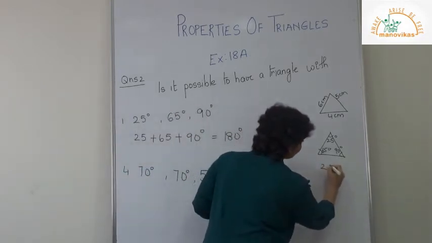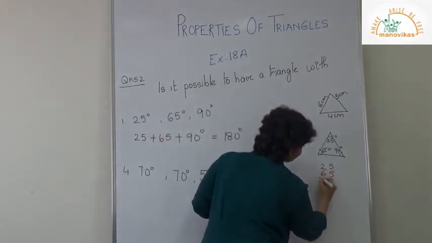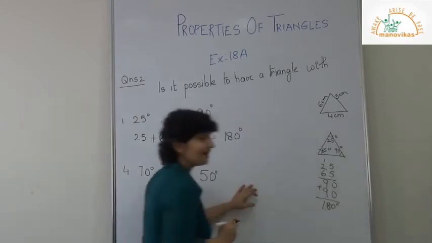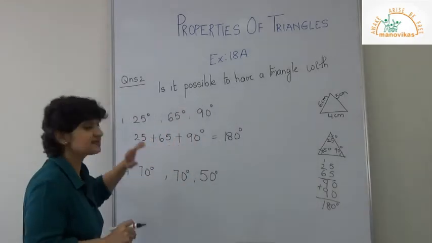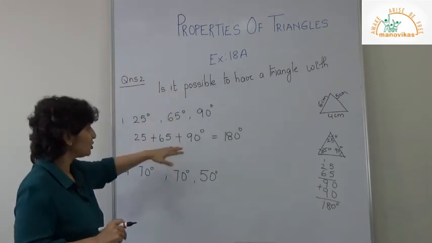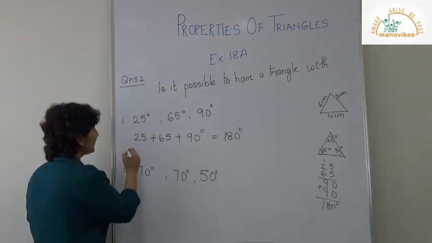That means it is possible to have this triangle, right?